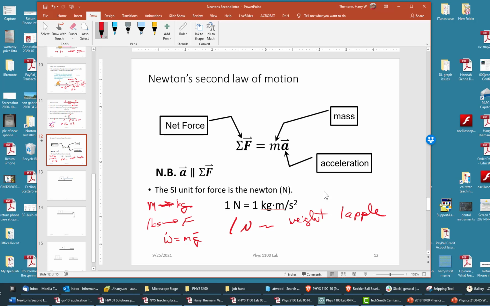Generally speaking, we make this conversion of 2.2 pounds per kilogram. So you might say that if you weigh 220 pounds, you're 100 kilograms. But if you told somebody you had a mass of 100 kilograms, you actually would have a weight equal to 100 kg times, let's say, 10 meters per second squared.